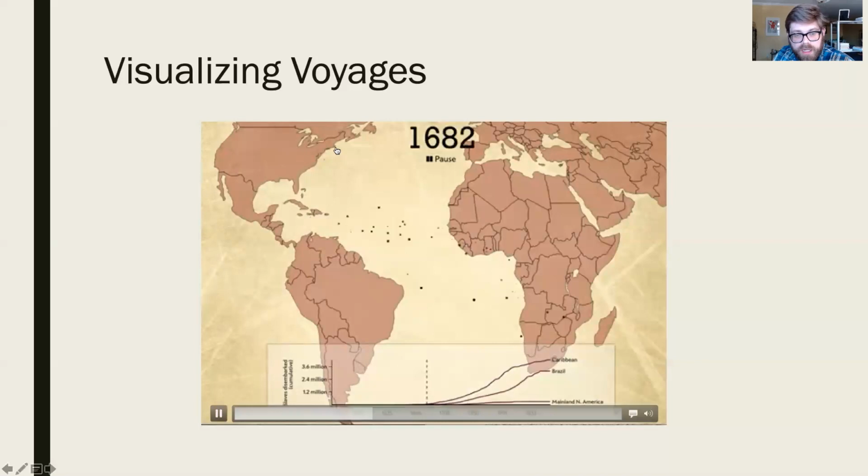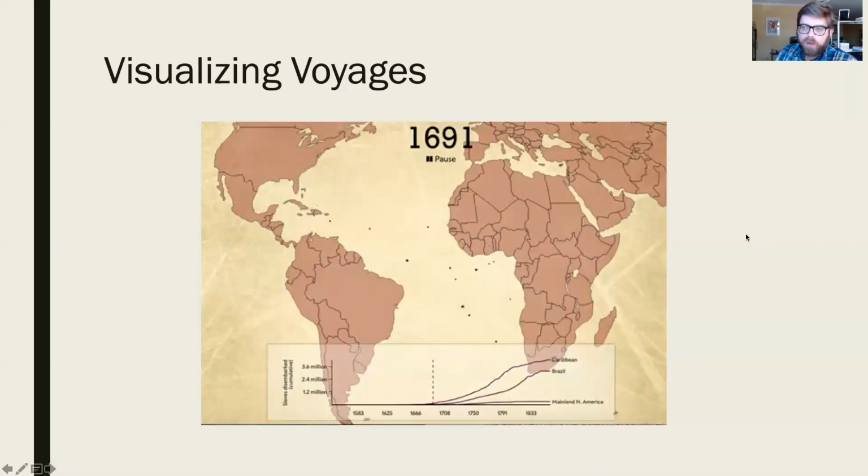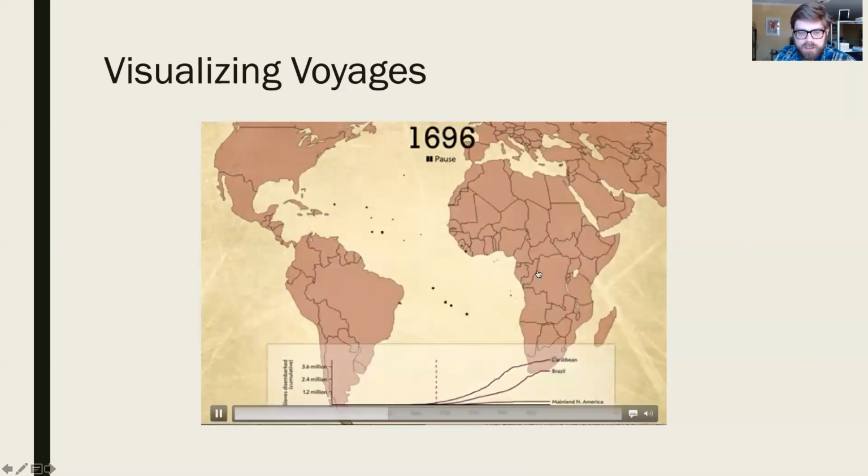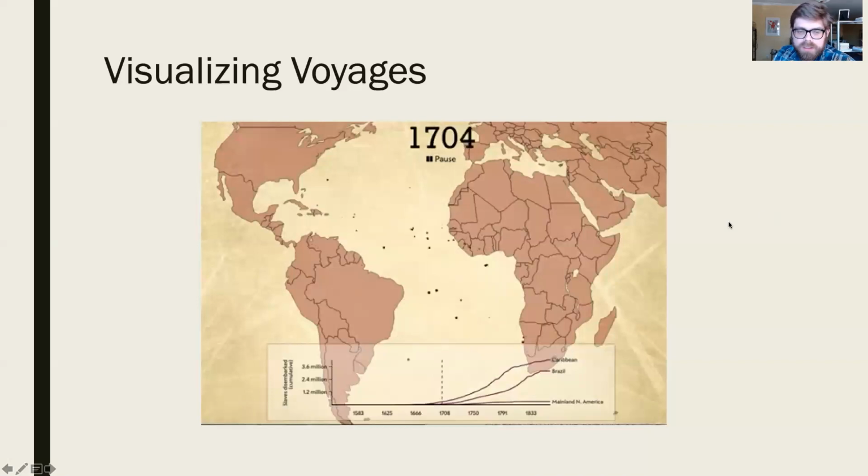You'll see occasional dots going up to New England. But what you will see is the bulk of these voyages going to Brazil and to the Caribbean. And you can see visually here that North America is not the main focus of this trade at this point.